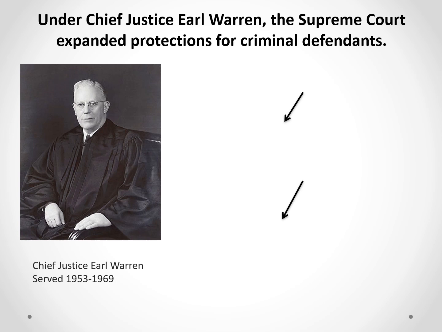Now's a good time to talk about differences in judicial philosophy. So on the one hand, you have judges who believe in judicial activism, and these tend to be the more liberal judges. So these judges believe that their role is to move society forward in a progressive manner.